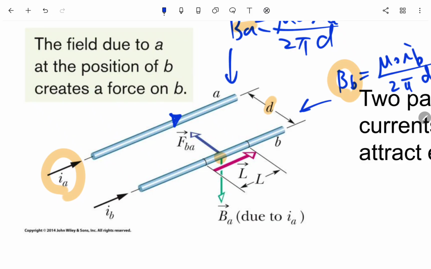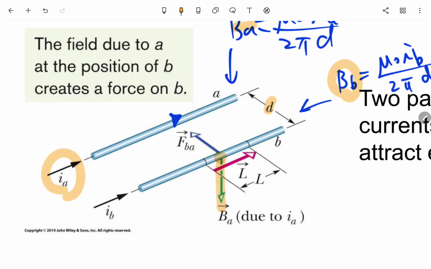At this point it will be pointing downward. This is a little bit 3D. Based on the right hand rule, we can determine the direction of the B field at this point, on the wire B.